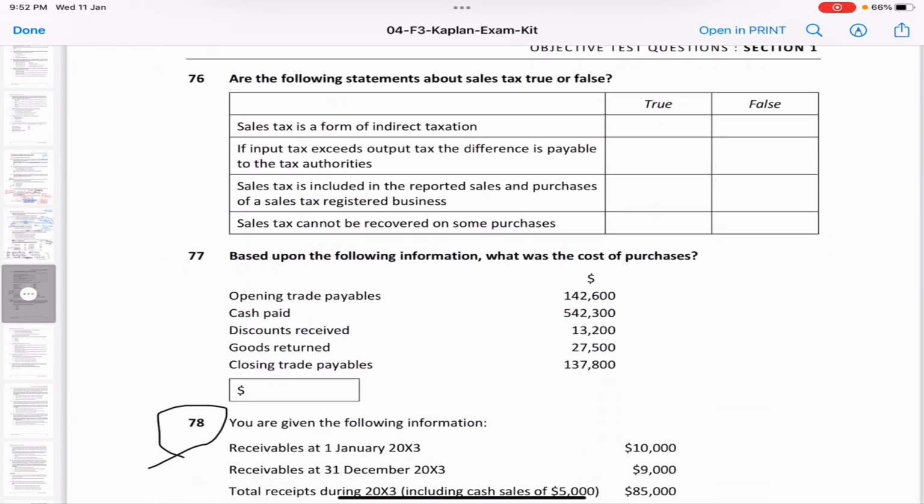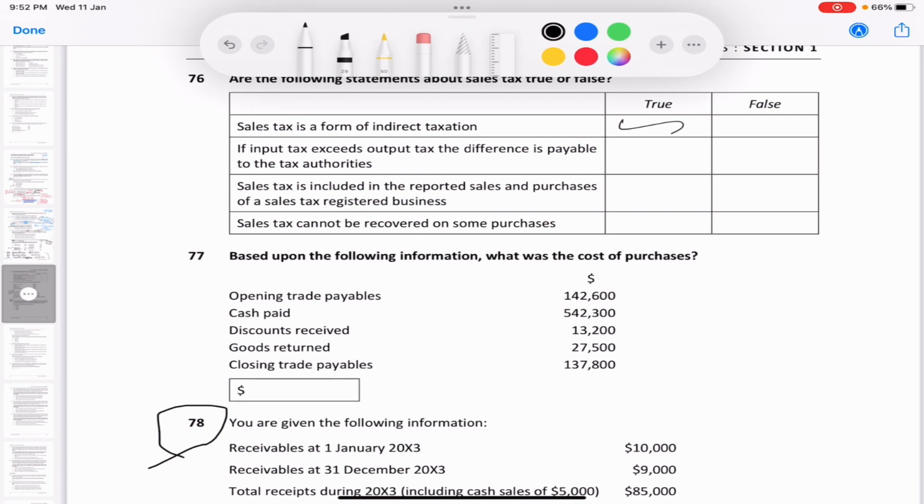Are the following statements about sales tax true or false? Sales tax is a form of indirect taxation. True. If input tax exceeds output tax, the difference is payable to the tax authorities. False. If input tax exceeds output tax, then the government is supposed to pay you, right?